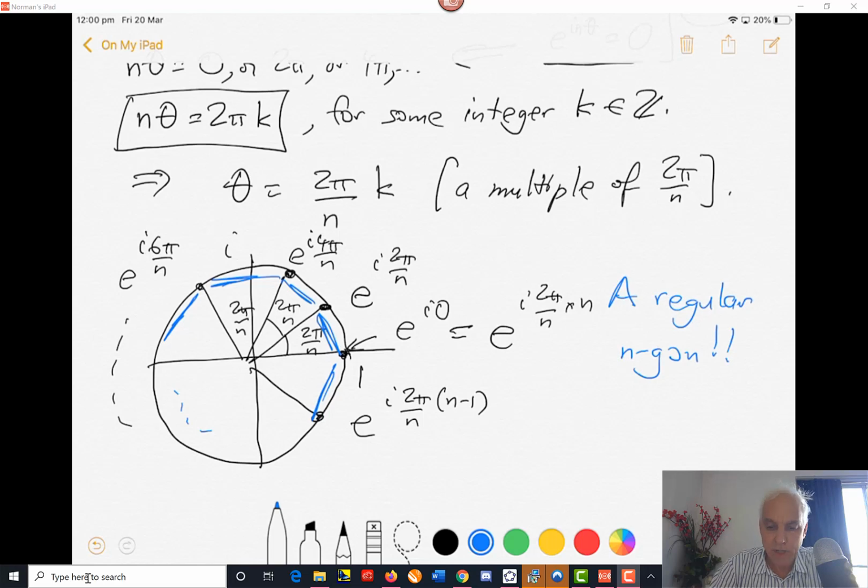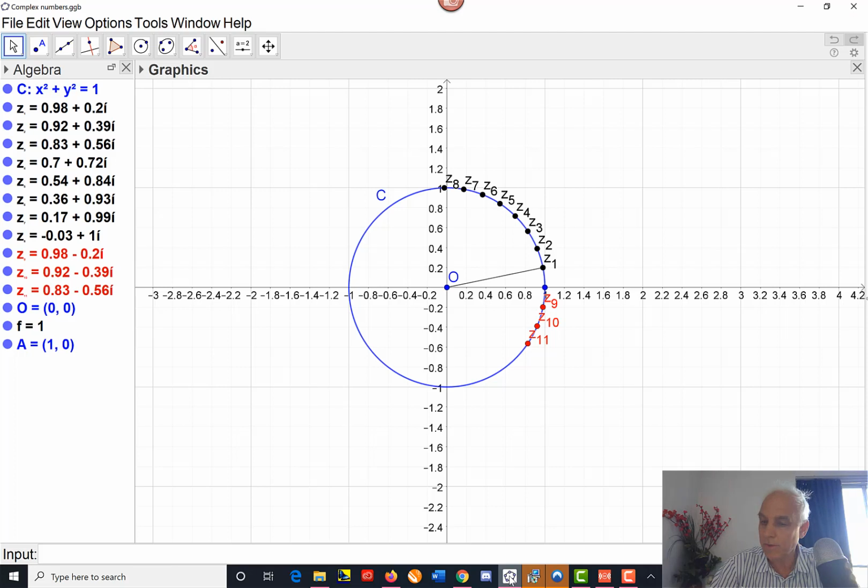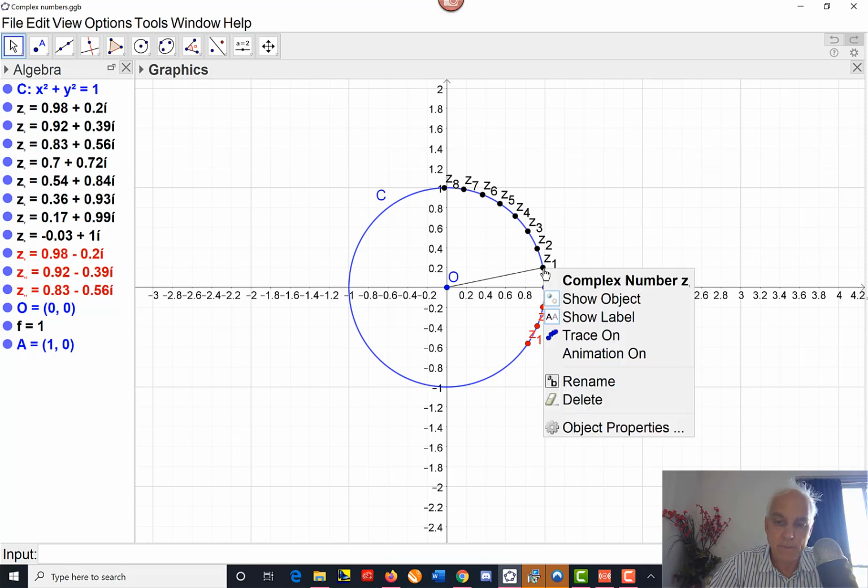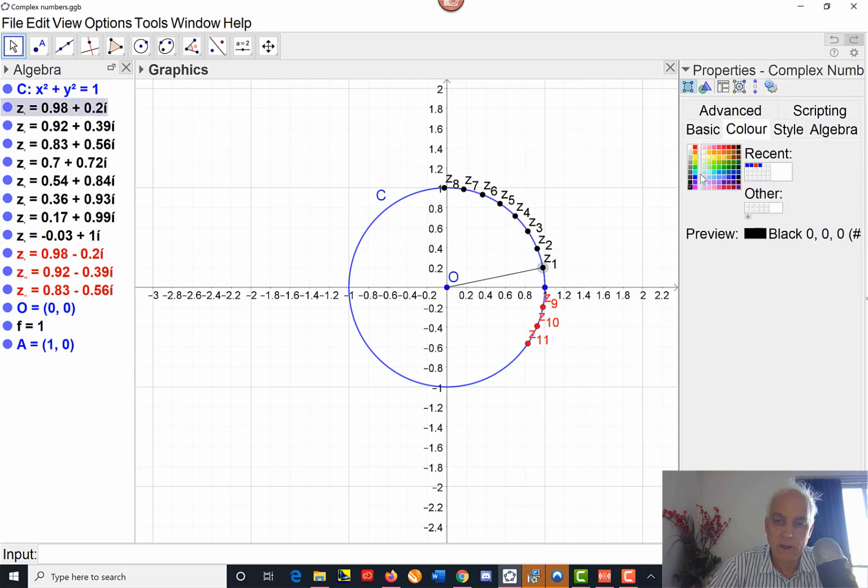So I want to show you, just change gears a little bit, what happens here in the unit circle. I'm going to illustrate things with GeoGebra. So I have the unit circle here, and I've started with this point Z1, and maybe I'll make that a slightly different color so we can see it better, maybe blue.